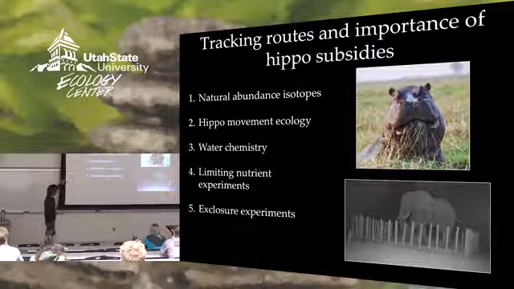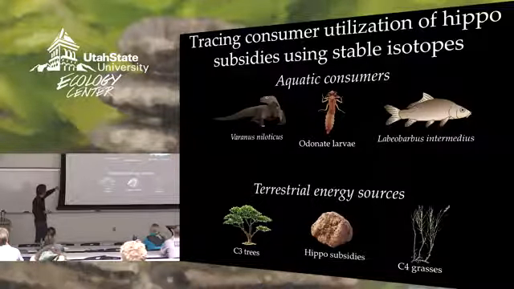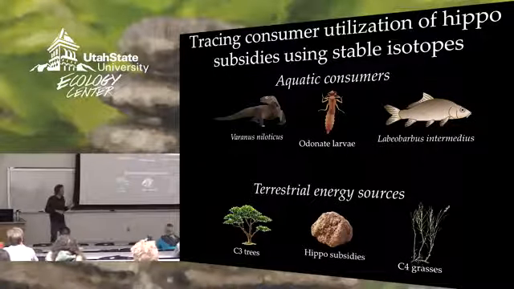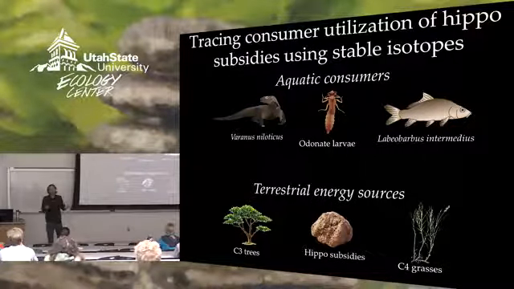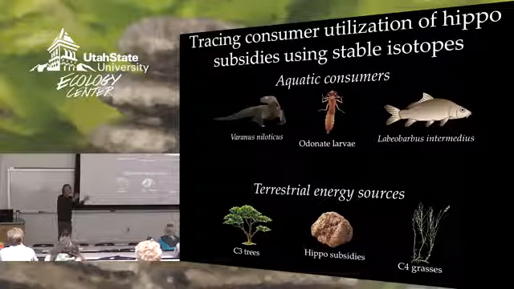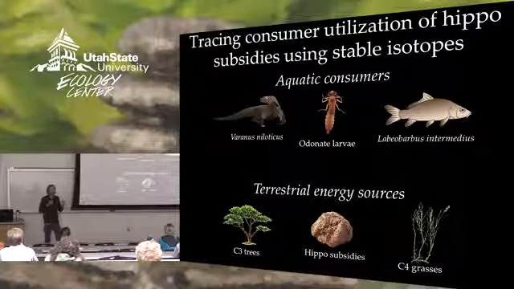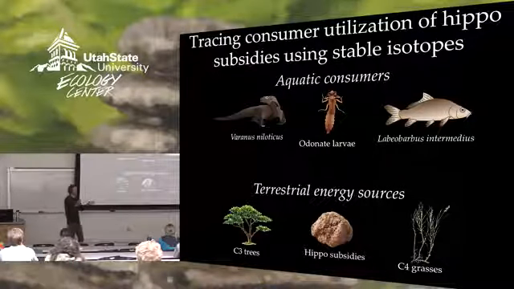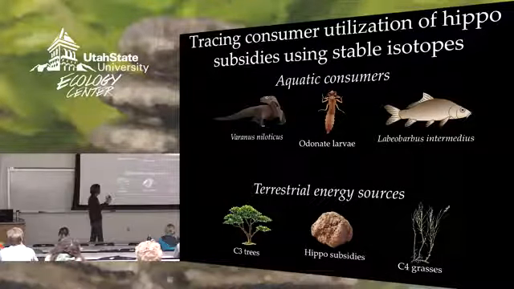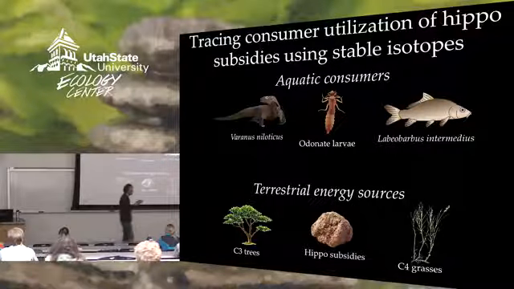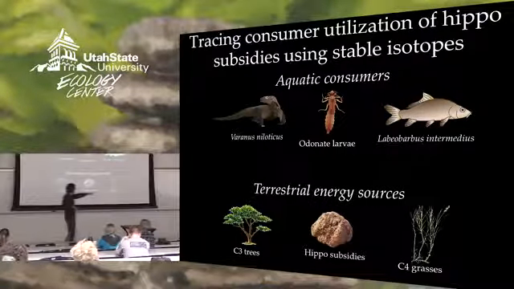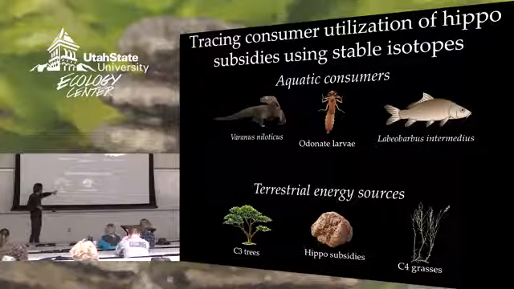I'm just going to, in the interest of time, show you a couple of the top things. The first is like the hippopotamus version of the shark story. I was curious, and you're sort of aware that there's a lot of this eating and pooping going on, but does that matter? Do these transfers of sometimes limiting nutrients that are going from terrestrial systems to aquatic systems actually matter? Are they being utilized by aquatic consumers? So you here isotopically type some of your energy sources.